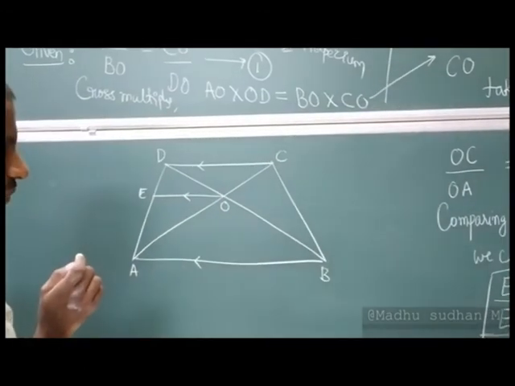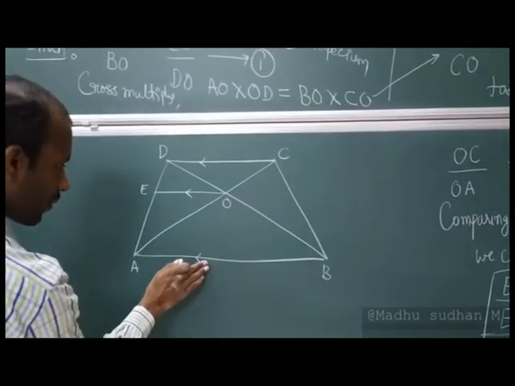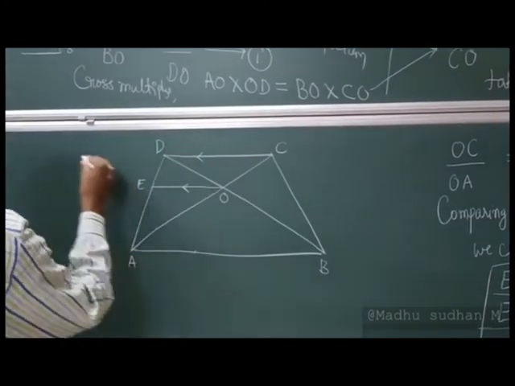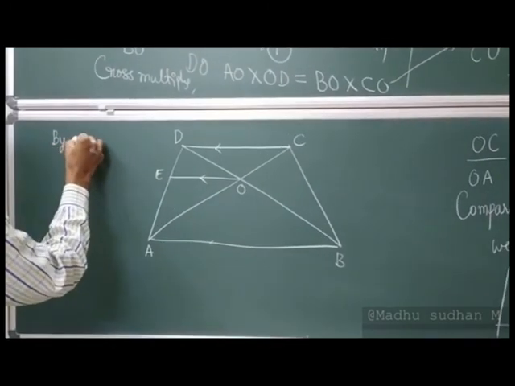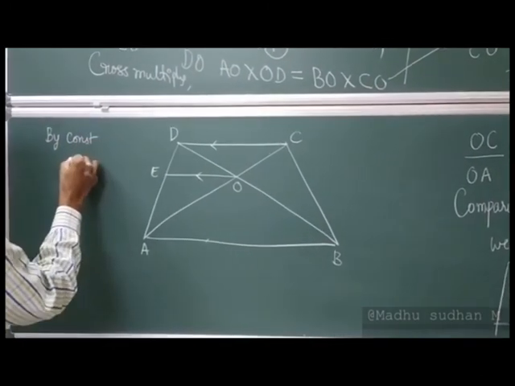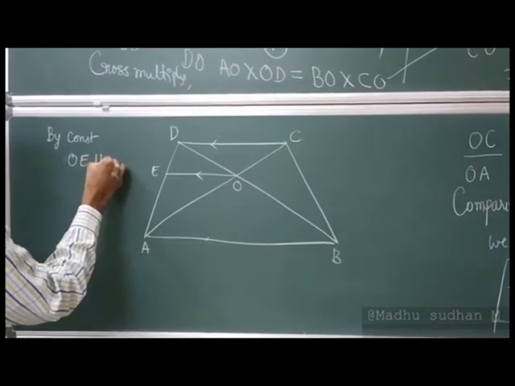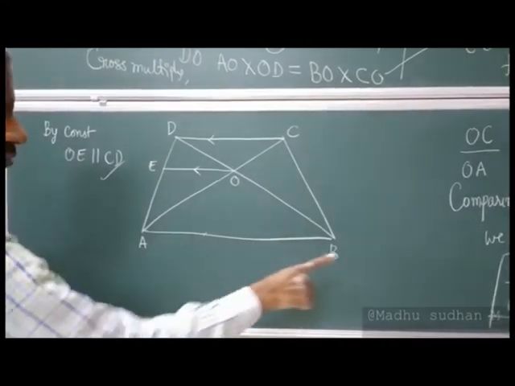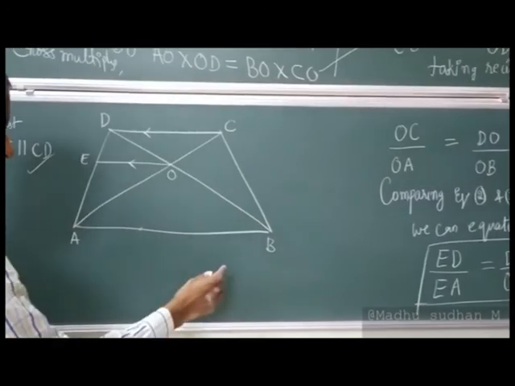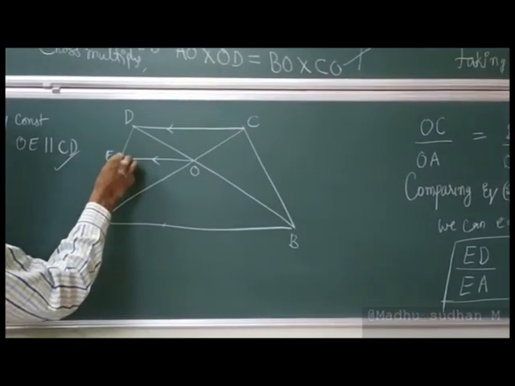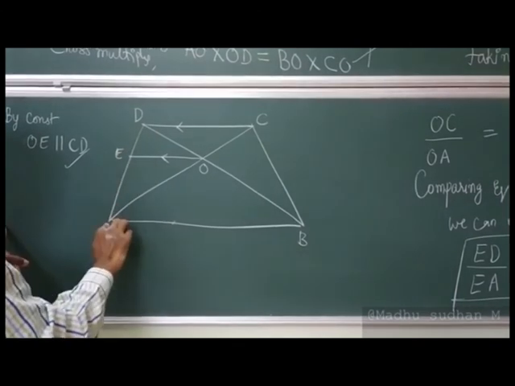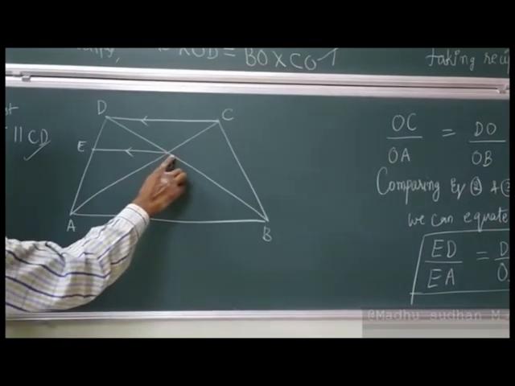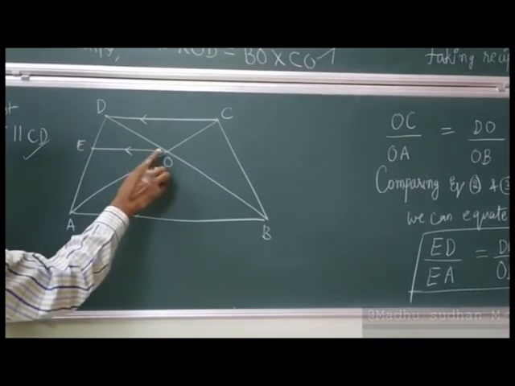Now, this line was constructed parallel to CD. So by construction, OE is parallel to CD. Follow it, children? Now if we compare the true part, we have got ED by EA is equal to OD by OB.